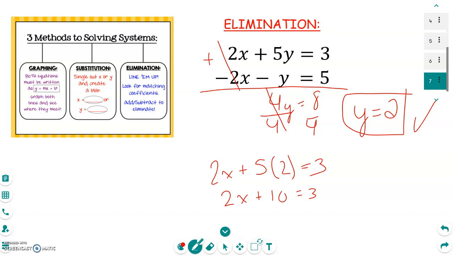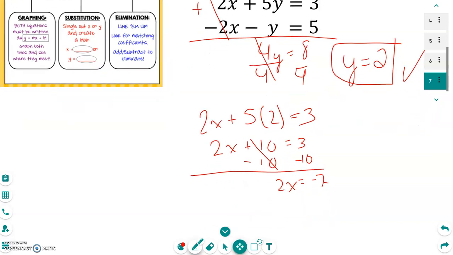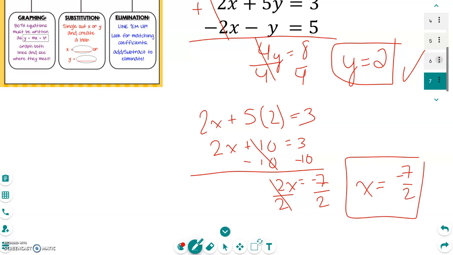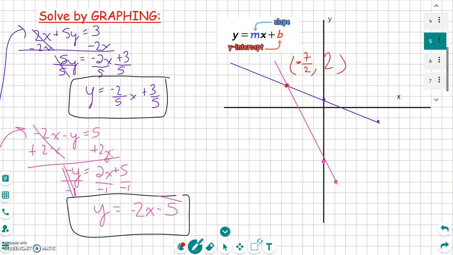So let's do that. Minus 10, and we end up with 2x equals negative 7. Divided by 2 on both sides. And finally, we end up with x equals negative 7 over 2. And we got it. Matching our other 2 methods.